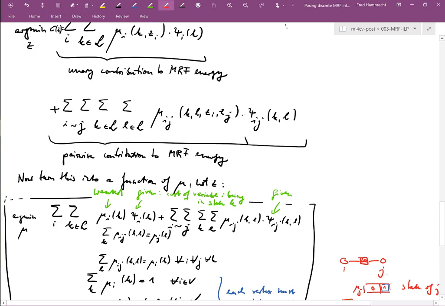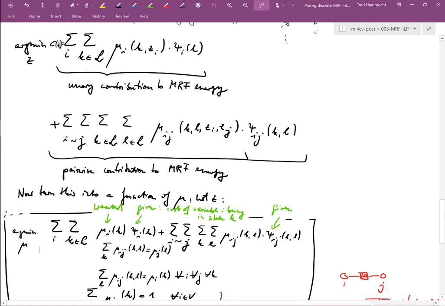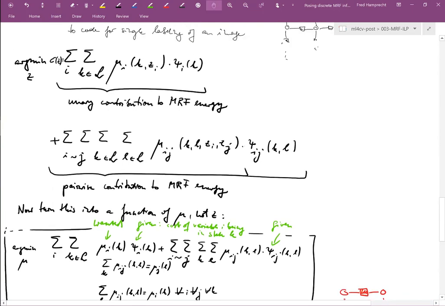But I will now need to take into account some consistency constraints. For example, if I did not introduce these constraints, and if I have a non-zero cost for every label at every pixel, what would the optimum solution look like?